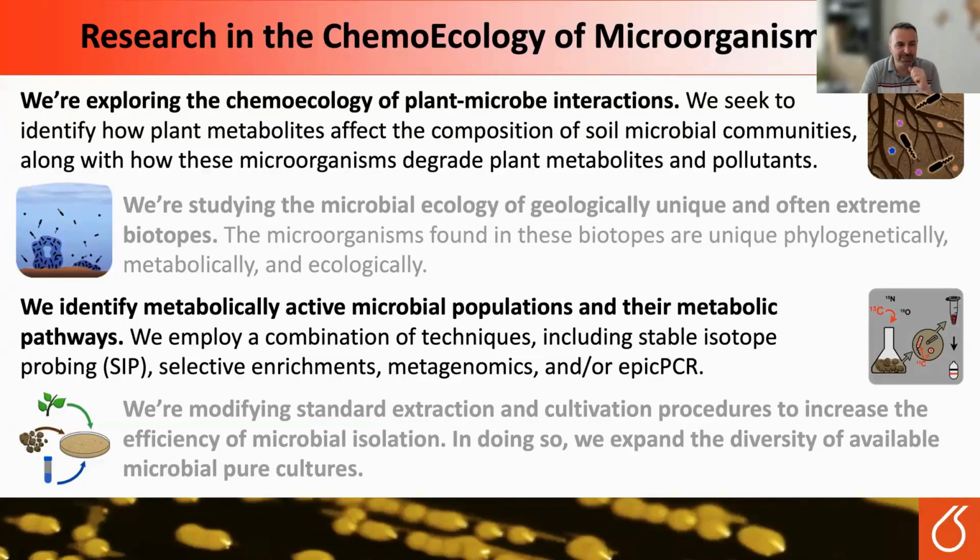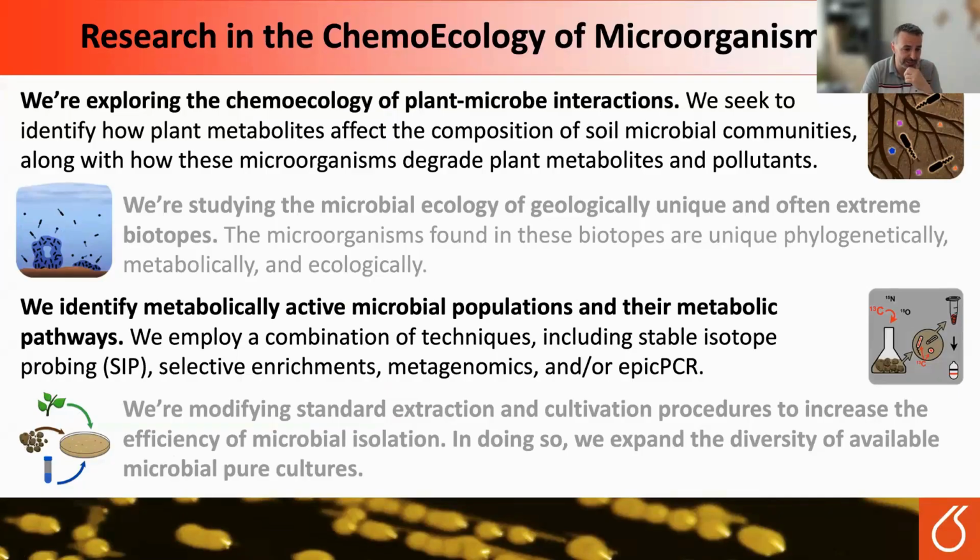I should start with how this research fits in the overall scope of our laboratory. Two of the main topics that we are dealing with in the laboratory, called the chemoecology of microorganisms lab, is that we're exploring the chemoecology of plant-microbial interactions. We seek to identify how plant metabolites affect the composition of soil microbial communities and how these microorganisms degrade plant metabolites and pollutants.